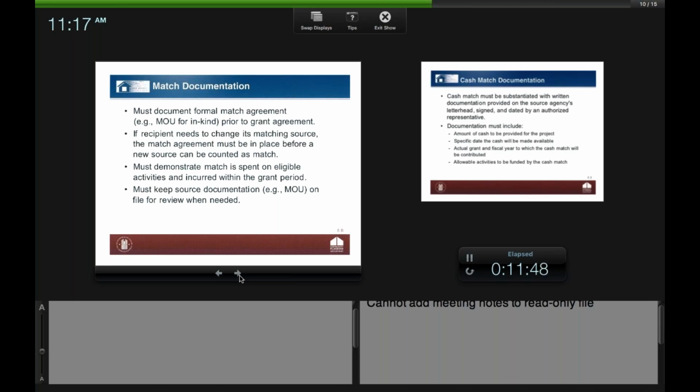Your appropriate CPD rep that's assigned to your continuum or to your project, in processing your grant agreement in eSNAPS, will require you to submit, which is to upload, appropriate match documentation.